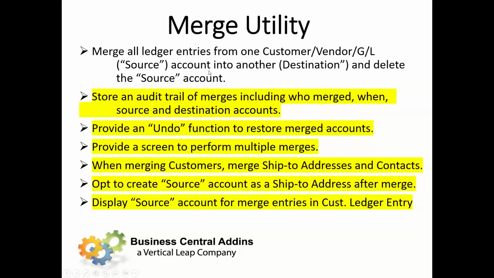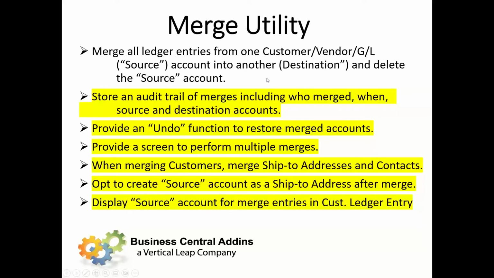Actually, I haven't tried the native Business Central one to see if they delete it. What they don't do is store an audit trail like dimension management of all of the merges. So who merged what, when they merged it, what was the source account, and what did they merge it into? And provide an undo function.